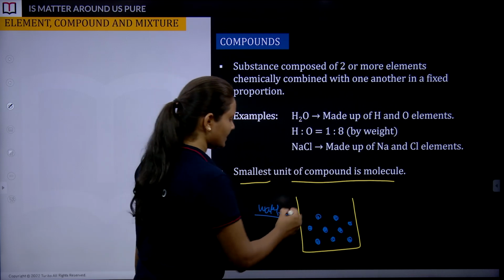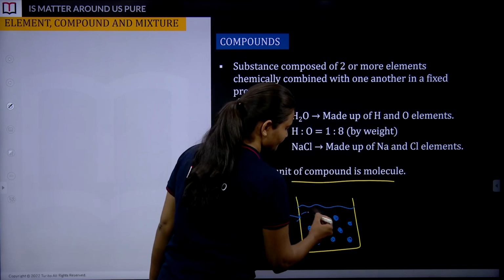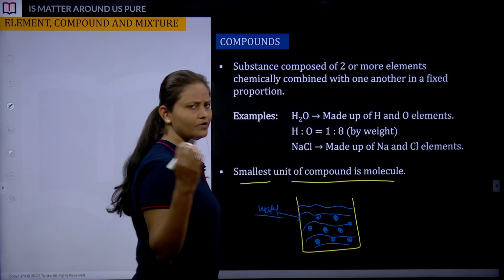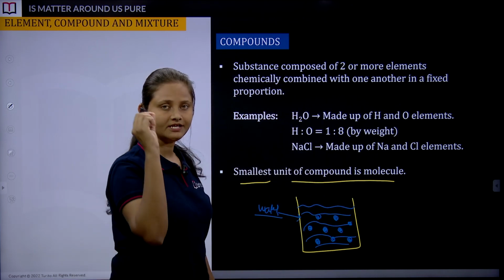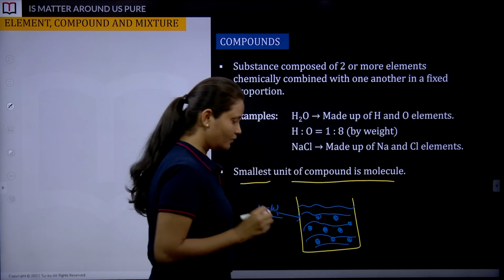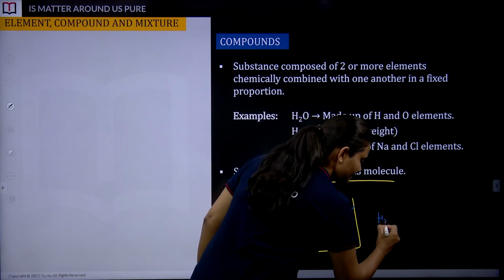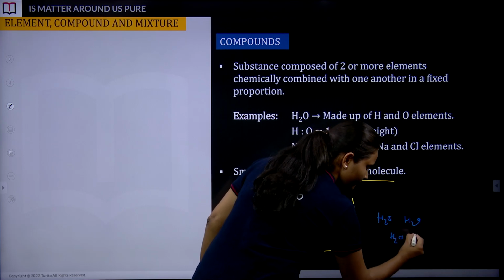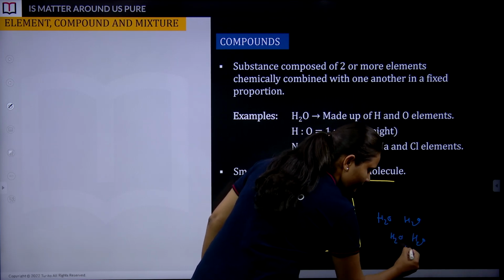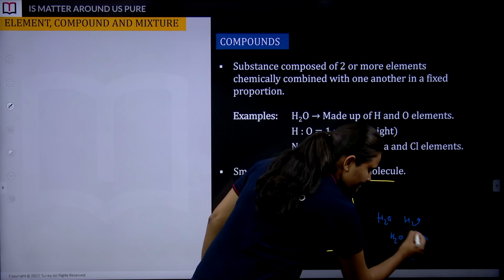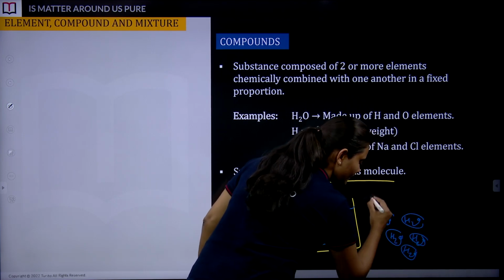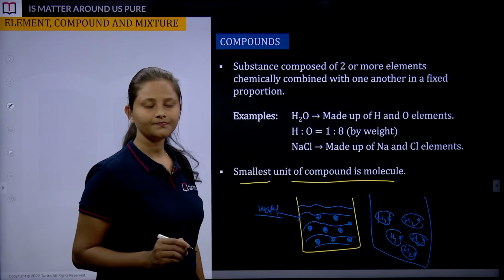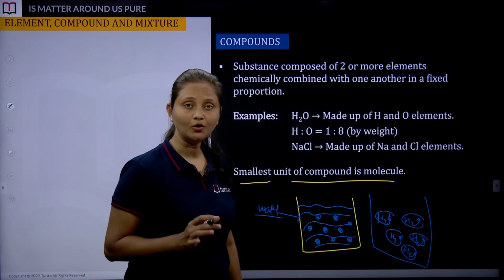Students, try to understand this. This is your water system, which has several molecules of water. I said molecules, which means consider H2O, H2O, H2O, H2O. If we see, each and every molecule in this system consists of H2O. That is the chemical formula.